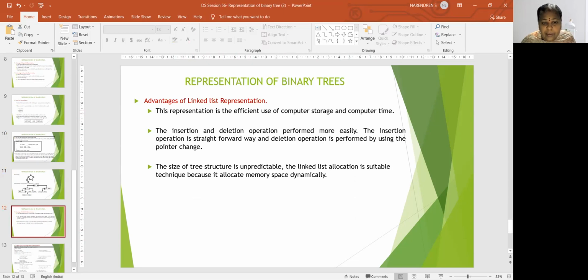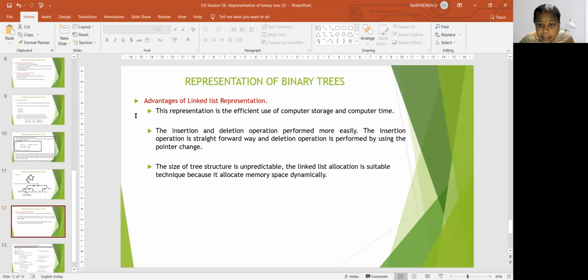So what are the advantages of the linked list representation? This representation makes efficient use of computer storage and computer time. Majorly, it saves storage and time. Insertion and deletion operations are performed more easily because they are not sequential. In the sequential representation, insertion and deletion from the start to the end would take many repetitions.